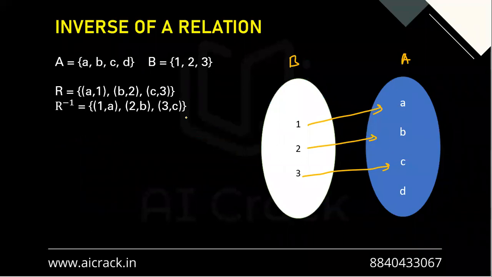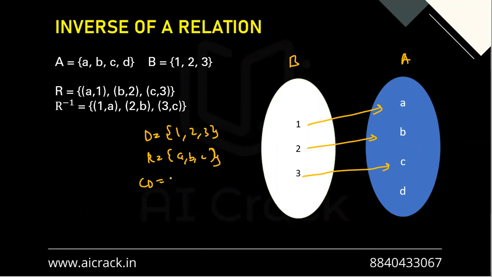Now in case of inverse, domain equals {1, 2, 3}, range equals {a, b, c}, sorry, and codomain equals {a, b, c, d}. Now we see that domain and range get swapped. We cannot comment on codomain, but we can definitely say that domain and range get swapped.